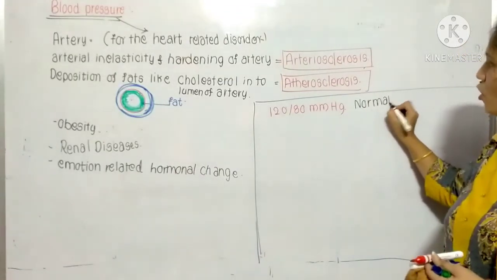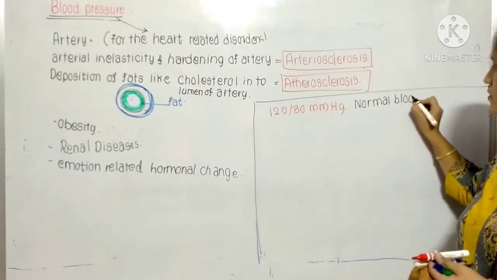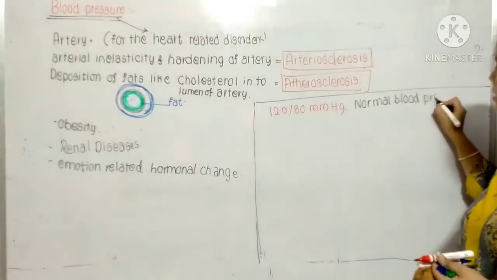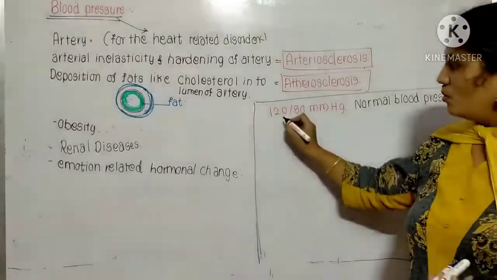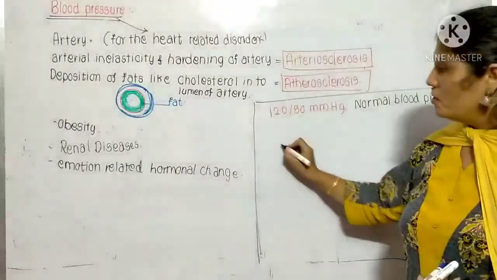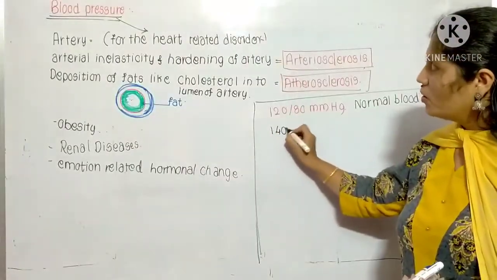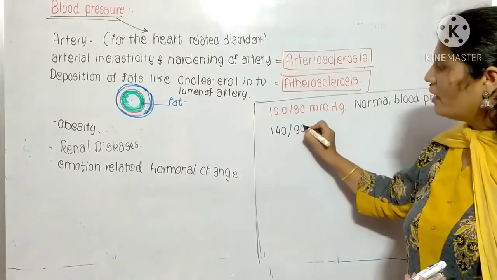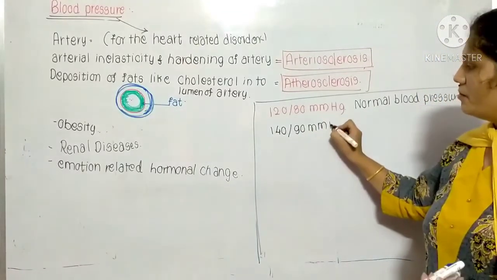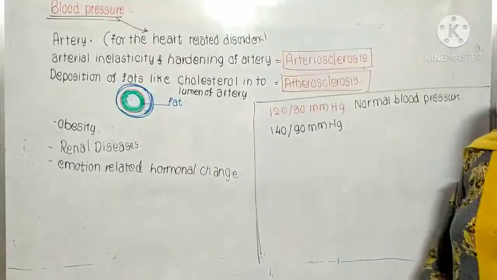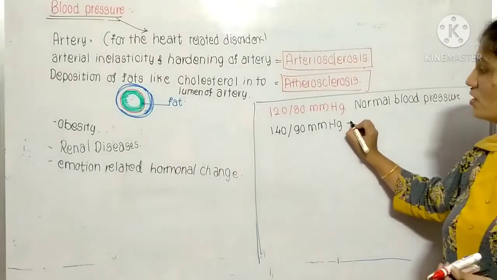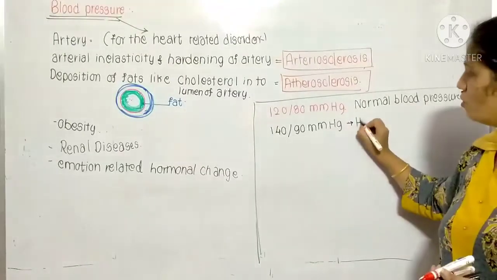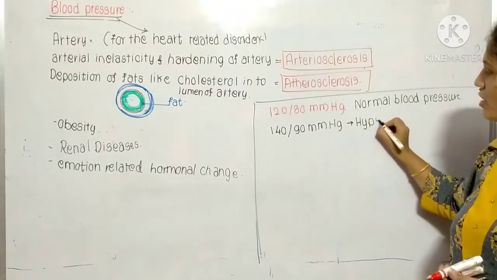But whenever the blood pressure increases more than this, whenever the blood pressure becomes 140/90 mmHg, at that time it is known as hypertension.